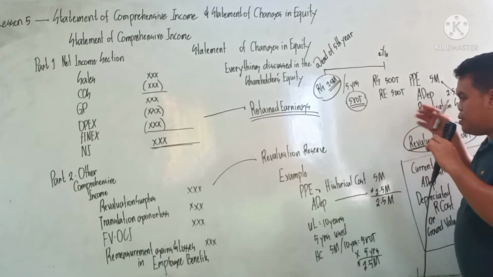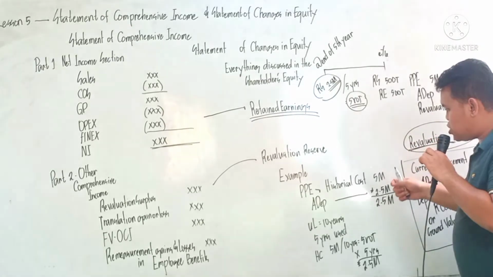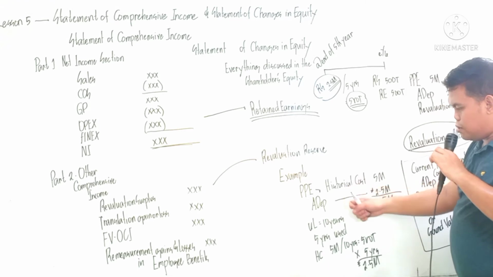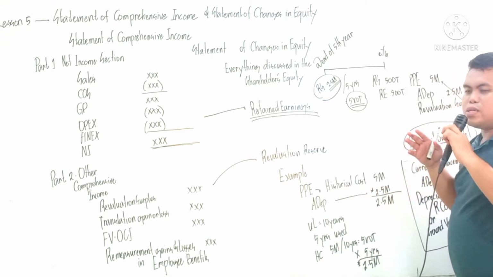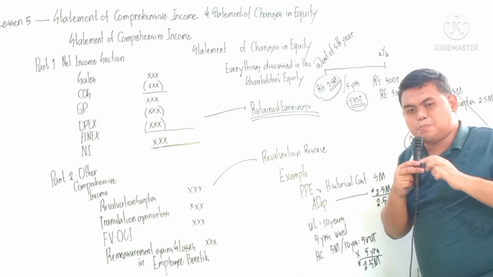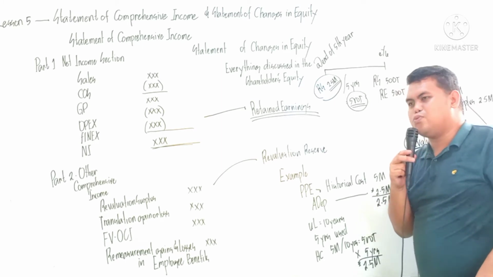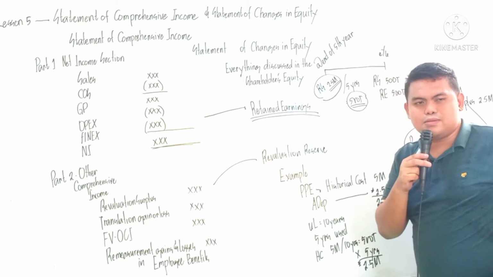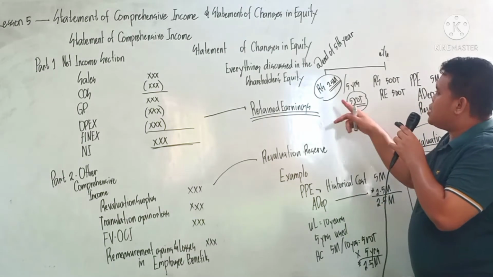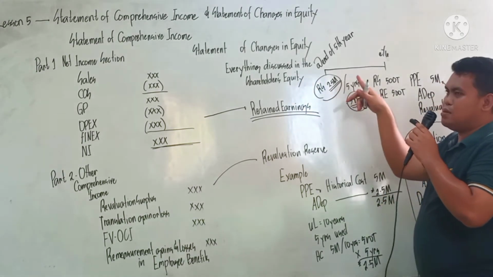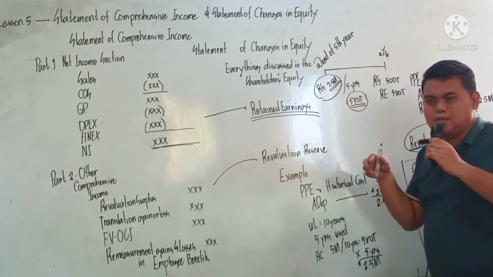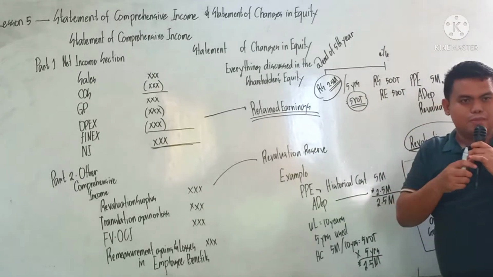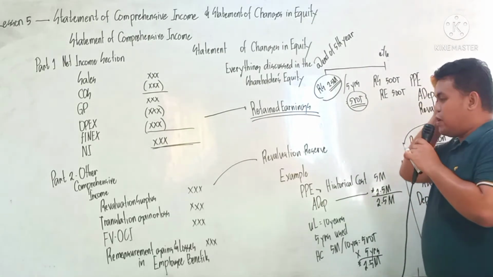So since the problem is highlighted as to how to depreciate this one, for example here, although it was not expressed what depreciation method is used, if the problem is silent, we're going to use the straight line method, right? So, the revaluation surplus is recognized in the retained earnings based on straight line method. Okay? So that's it for revaluation surplus.